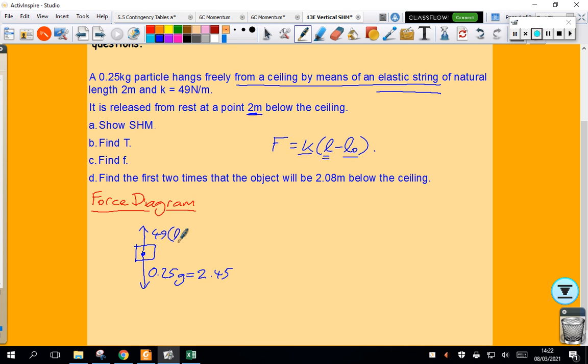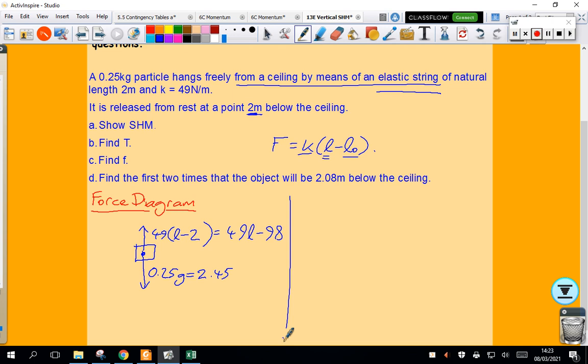We don't know the actual length it's being stretched to, and if it's moving around, that'll be changing, and then we're subtracting the natural length, which we're told in the question is 2. Again, if I just simplify that, that's going to be 49 times L minus 98. That's going to be my force acting up. Again, notice it depends on what the extension of the string is.